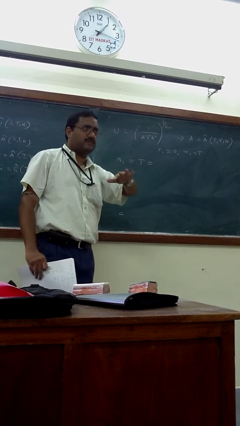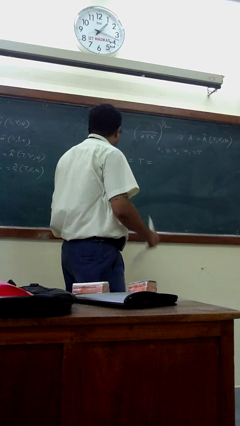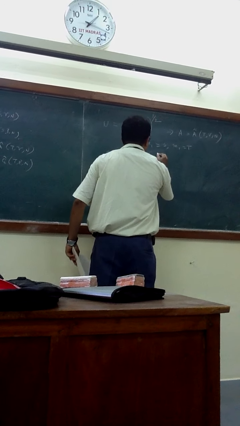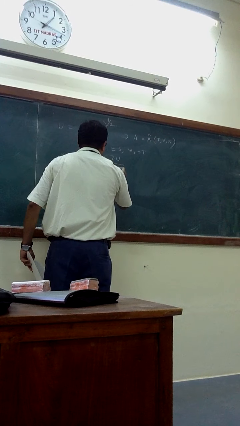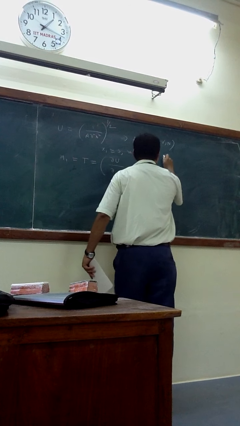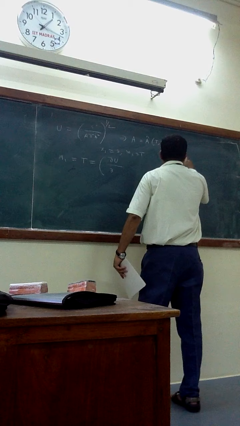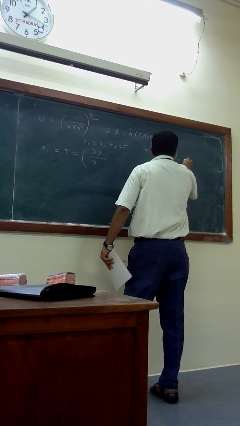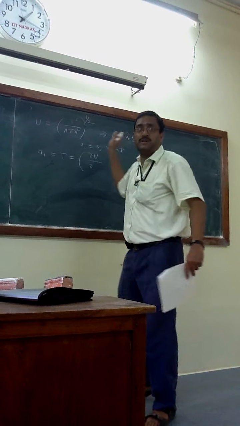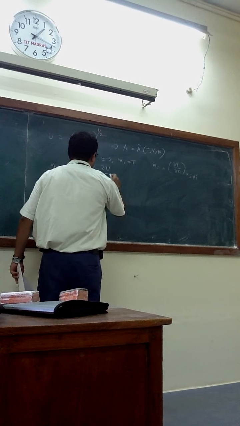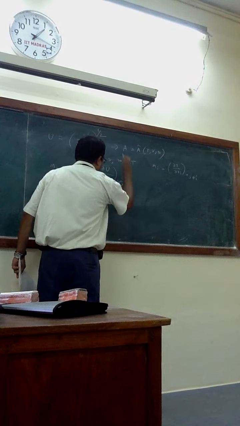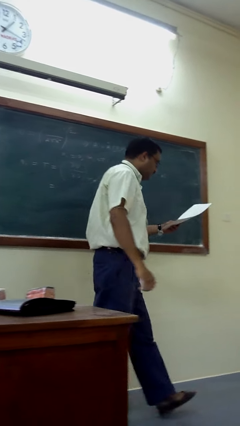I will not go by the previous method because I am an expert. m1 equals T, which is dou U by dou S, where the other variables are held constant.